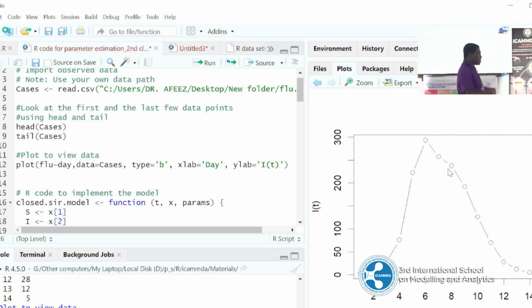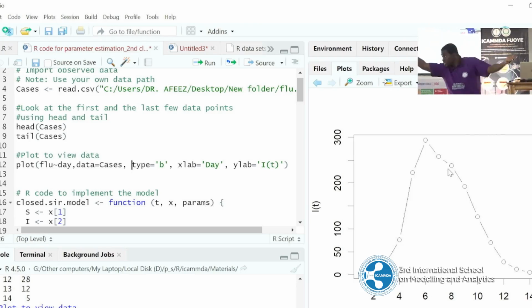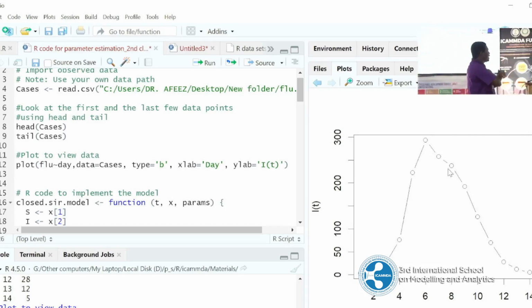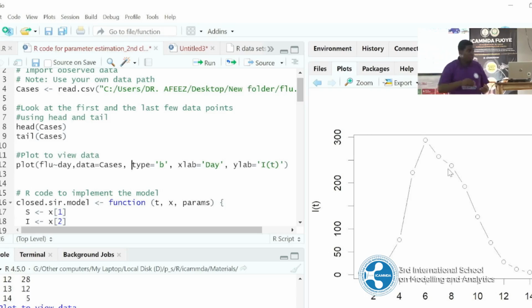I can even think of a quadratic equation and write a t squared plus b t plus c, isn't it? In that case, I've not considered the underlying process at all. All I have considered is the way the data looks. The pattern in the data is the only thing I would have considered in that case.